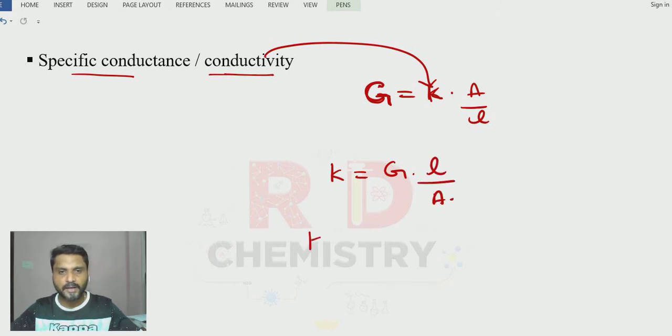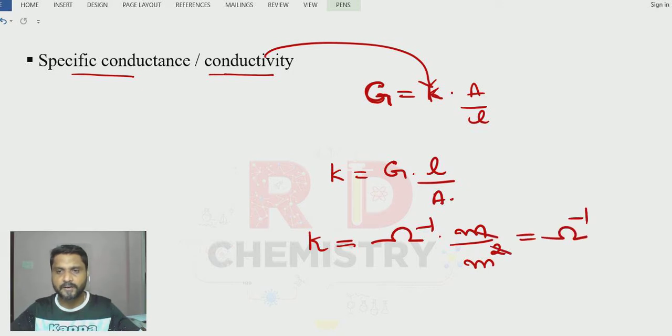So kappa K, the conductivity, is equal to G, so we have the unit ohm inverse, with length in meters divided by area of cross section meter square. One meter gets cancelled, so it is ohm inverse and meter inverse. Ohm inverse is also nothing but the Siemens, so the unit is Siemens meter inverse, right?